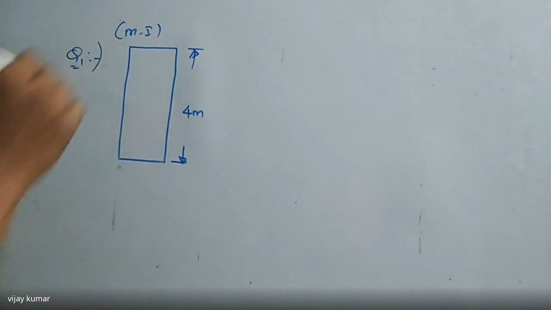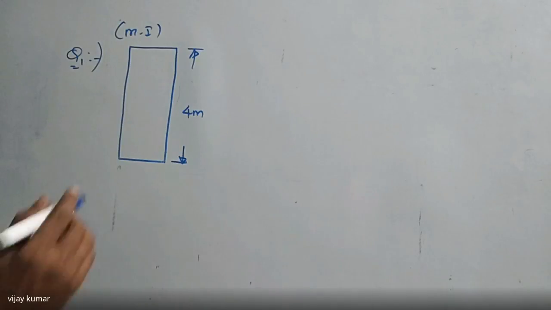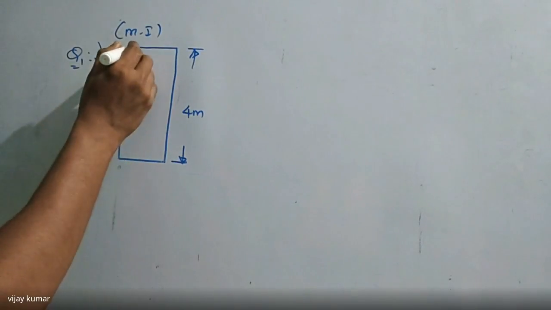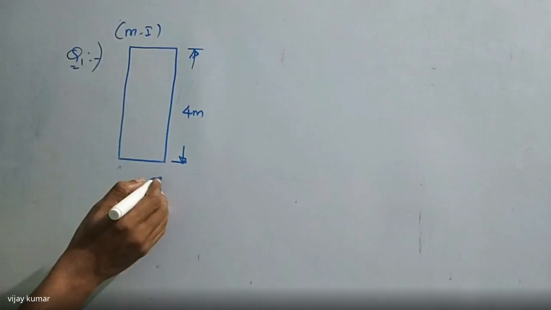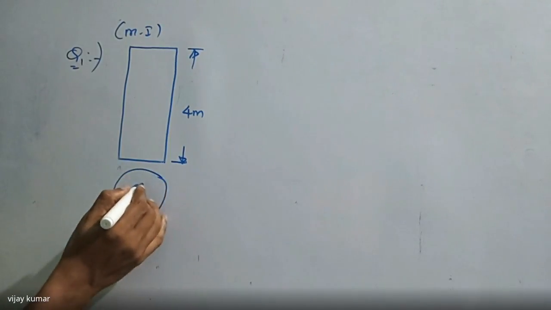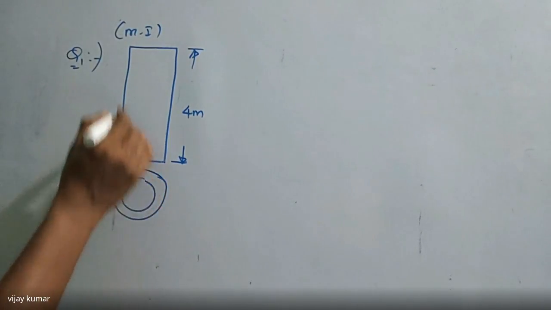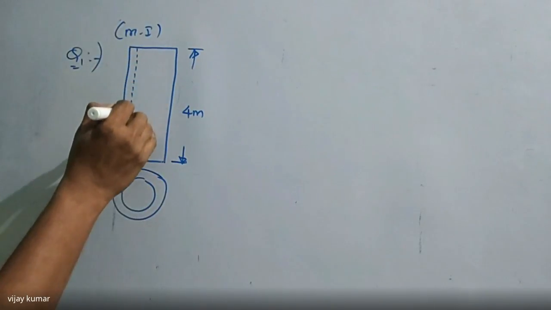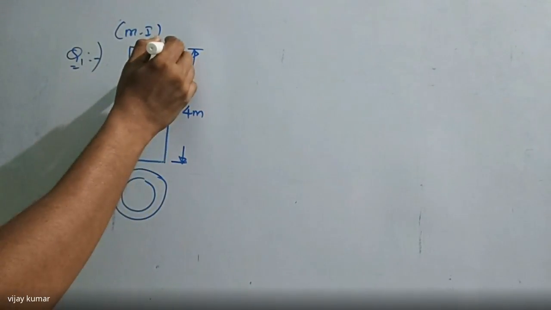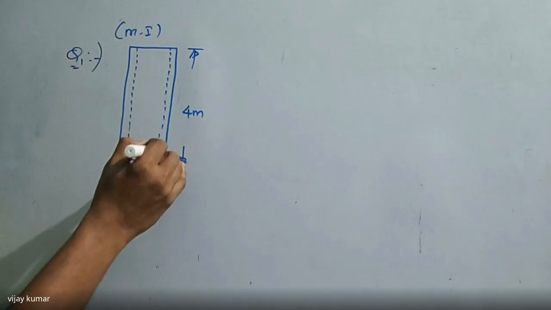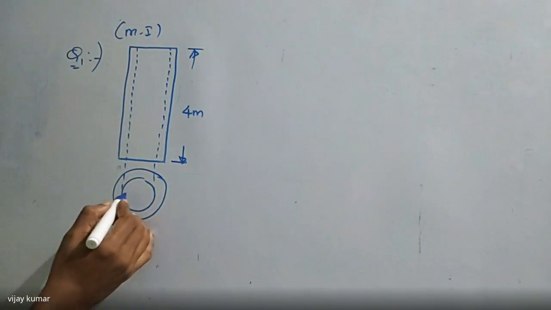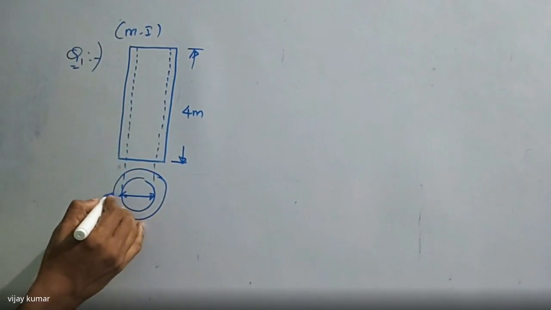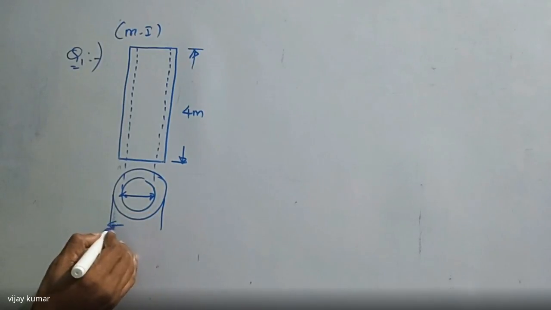Its internal diameter is 30 mm. If you see in the top view, it is a tube, I'm going to draw it like this. This is the internal diameter and this is the external diameter.